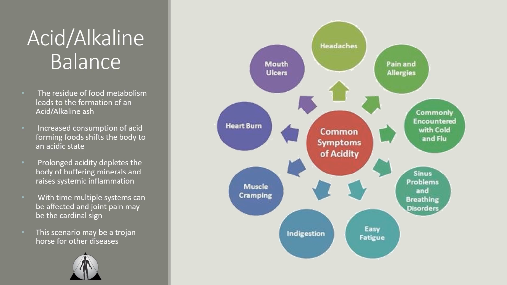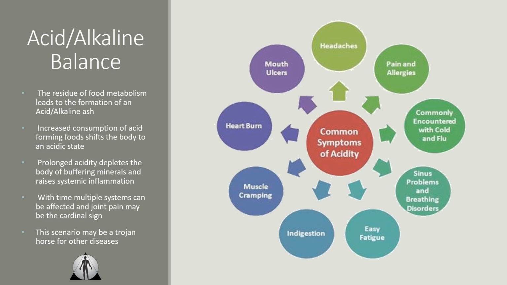So if we already have an arthritic knee and a very acidic diet, and now we're buffering it by pulling calcium and magnesium from an already degenerated joint, you can see how it's just going to make it worse.